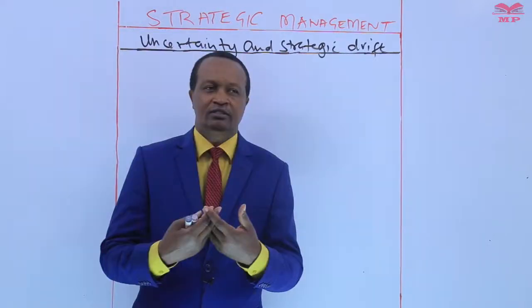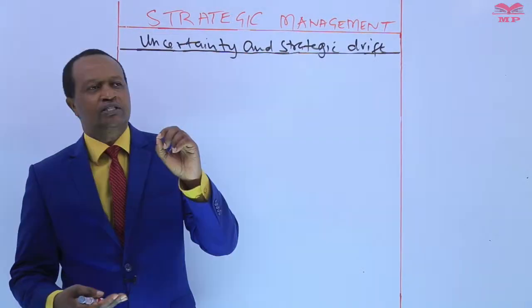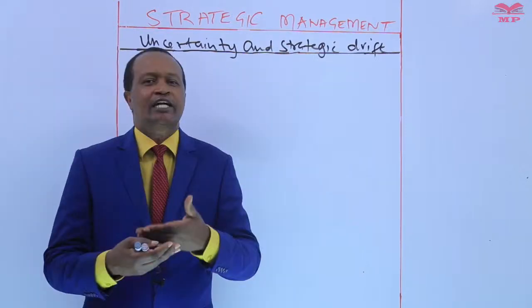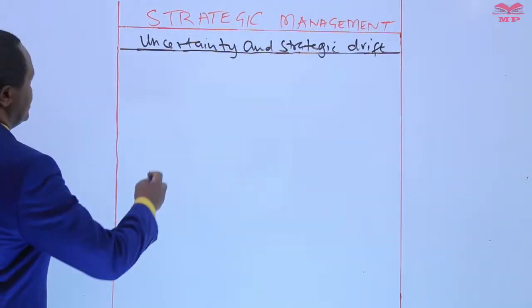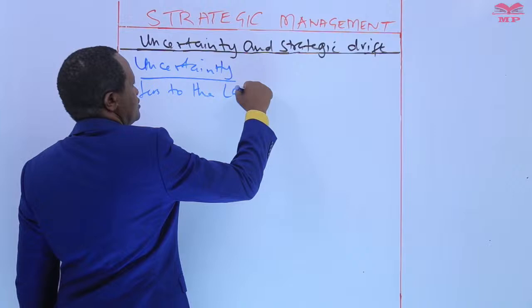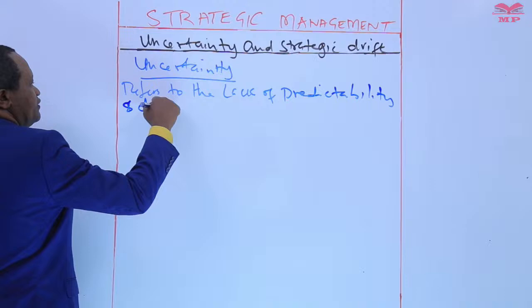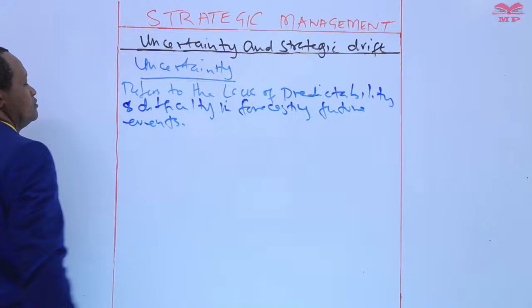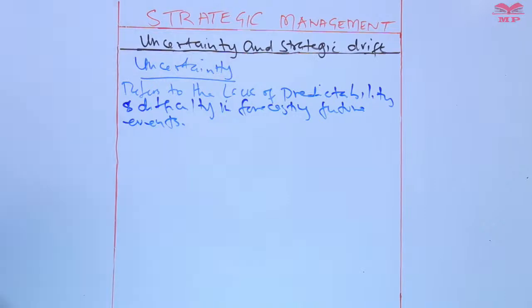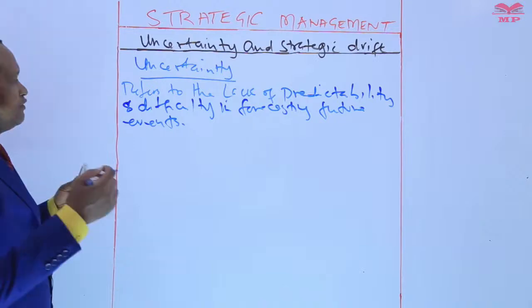So what is uncertainty? Now, in the context of strategic management, uncertainty refers to the lack of predictability and the difficulty in forecasting future events.